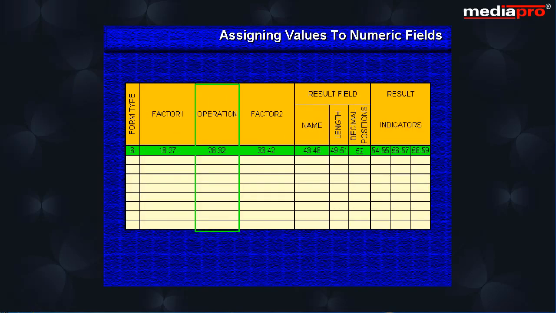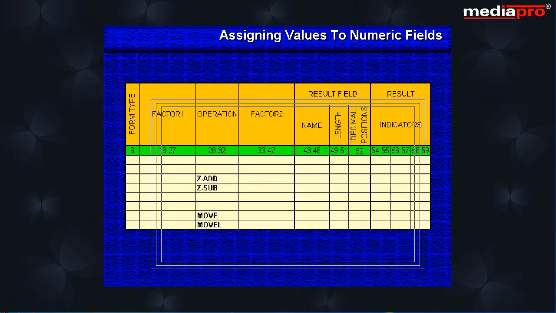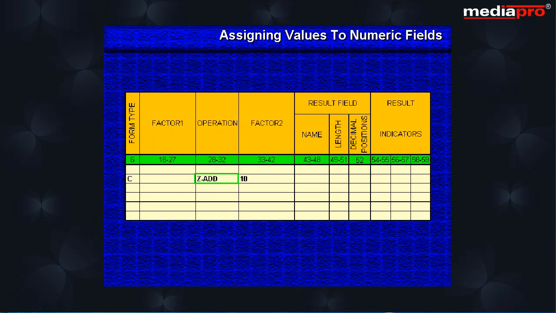There are also some operations that are used to assign a value to a field. For numeric fields, you have Z-add and Z-sub. For character fields, you have the move and move left operations. The Z-add operation is used to reset the value of a field specified in the result column.